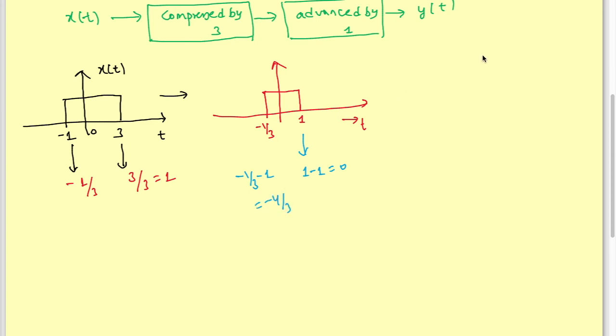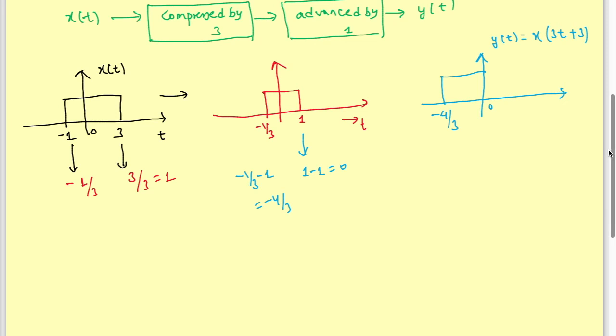So this signal will look something like this. It is from -4 by 3 to 0. This is my y of t equal to x of 3t plus 3.